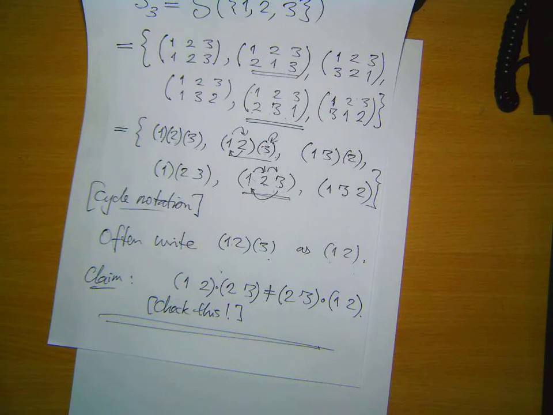And in fact, the same will be true for n equals 4, n equals 5, and so on. So these symmetric groups are not abelian. They're very important examples of non-abelian groups, and they're the heart of symmetry. These symmetric groups are called symmetric groups because they're all about symmetry. We can't see that yet, but that's what they do.